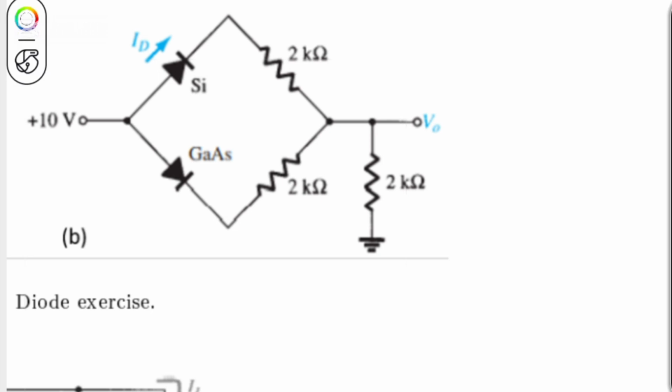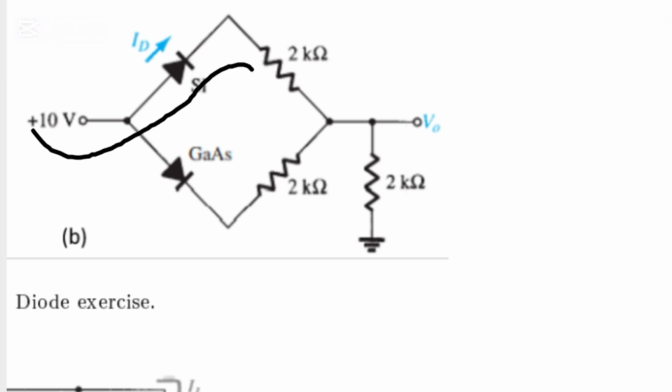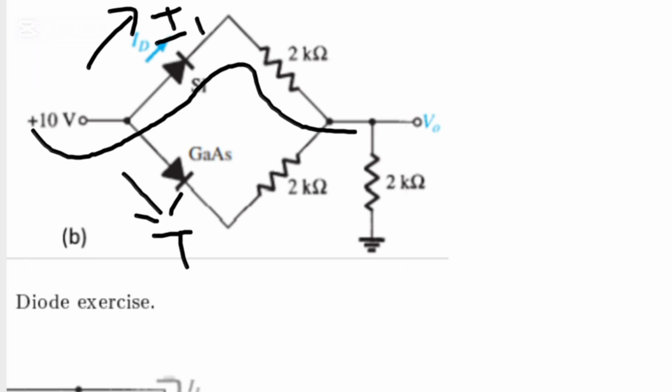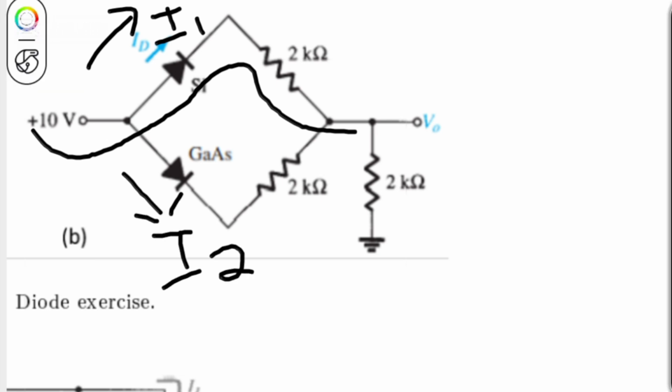After identifying that these diodes are on, the next thing that we are going to do is use KVL. This is the upper loop. We have a current here, let's call it I1, and the current that is passing through here I2.